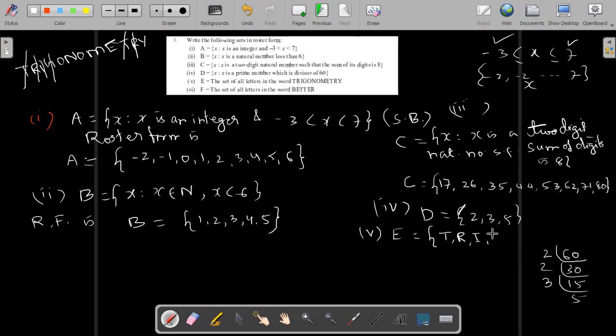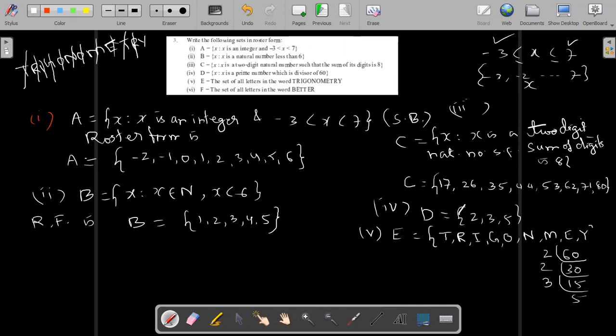O is two times, so cut one and write O one time. Then N is one time. M is one time. E is also one time, and Y is also written.